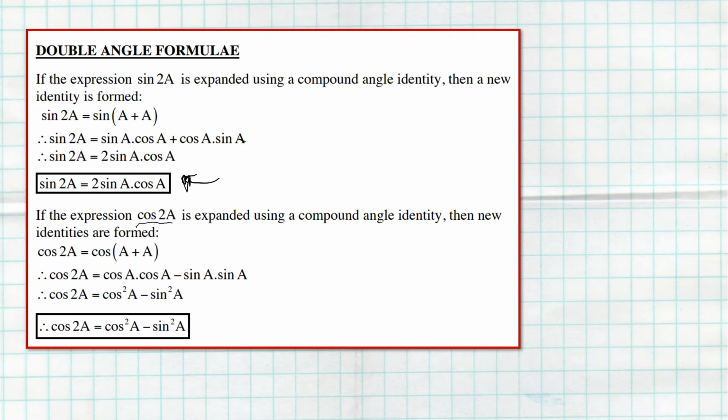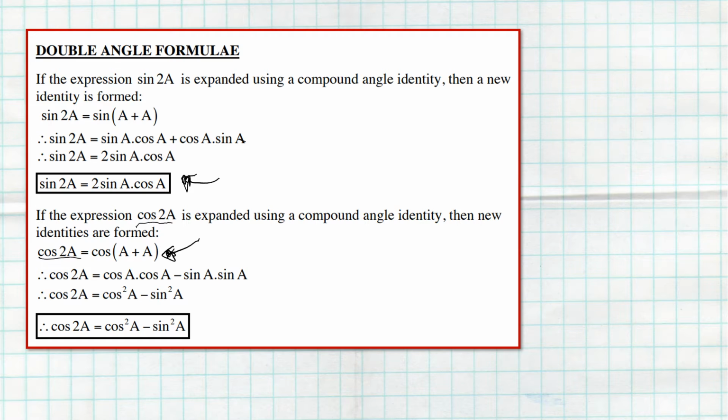Then the new identity will be, if I have cos 2a, I can write it as cos(a plus a), because I know a plus a is the same as 2a. Remember, this is the compound angle of cos. So I can expand it: we know that for cos, it will be cos cos minus sine sine, so this is going to be cos a cos a minus sine a sine a.